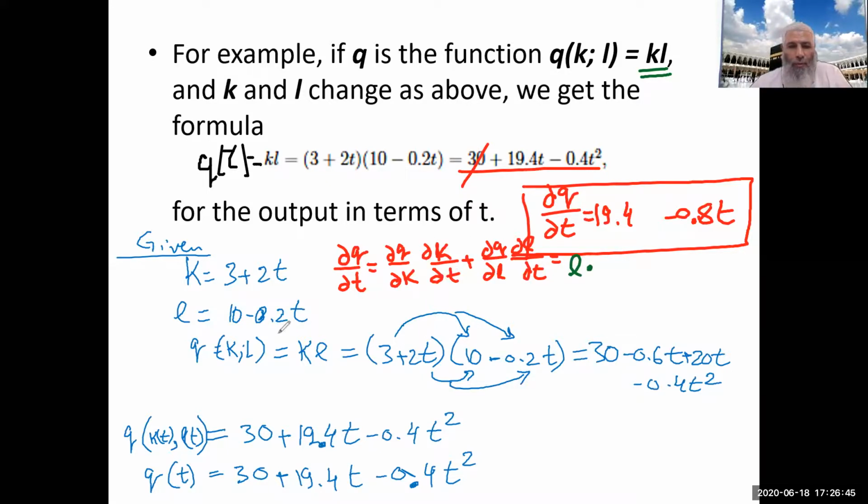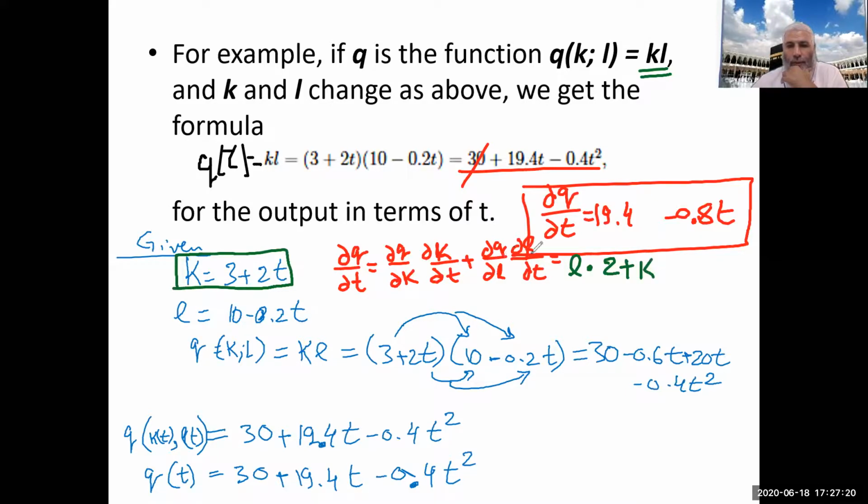Multiplied by dk/dt. What is dk/dt? The derivative of k with respect to t, this will be 0 and this will be 2, right? Yes. Plus dq/dl. What is dq/dl? It is K, right?